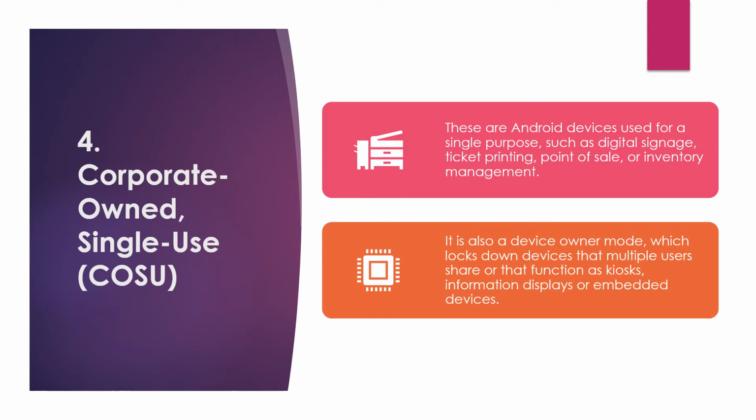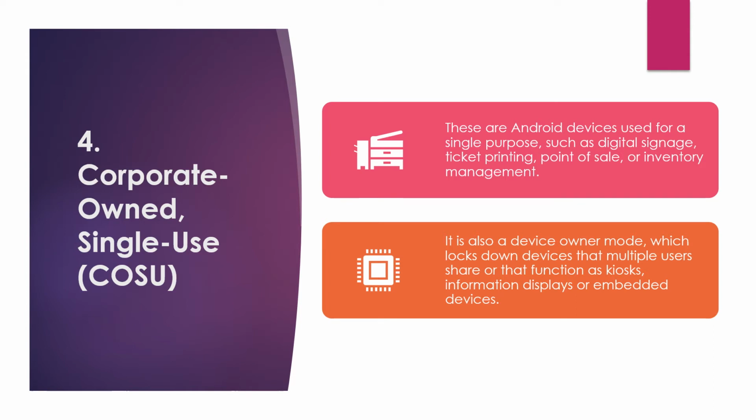Android for work also offers another feature called corporate owned single use, which is called the COSU profile. So what is this? It is a type of profile used for a single purpose only. You might have seen devices in malls that have only a single purpose, like only billing or printing or only inventory management.